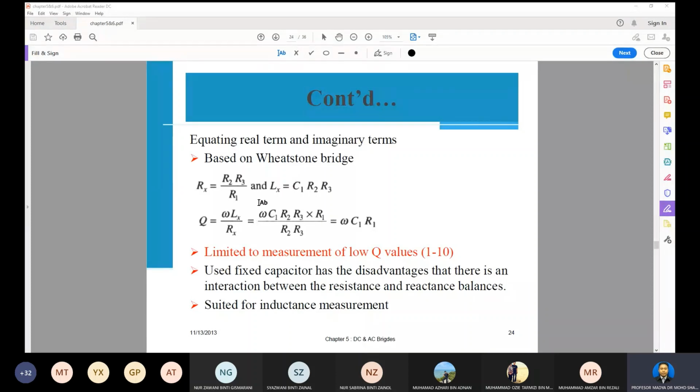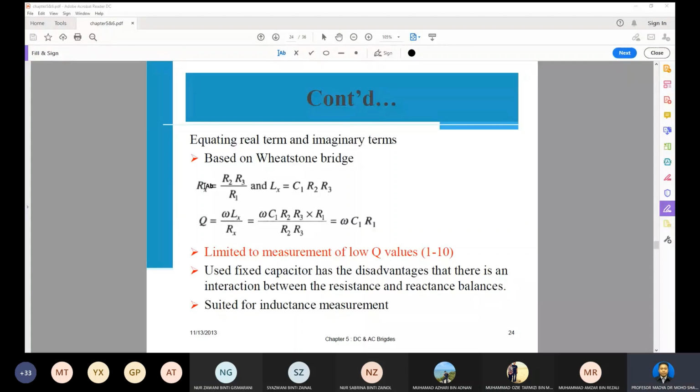The Q value. Actually the Maxwell bridge is to measure the unknown inductance for low Q value, the range from 1 to 10. The formula to calculate Q is omega Lx divided by Rx.